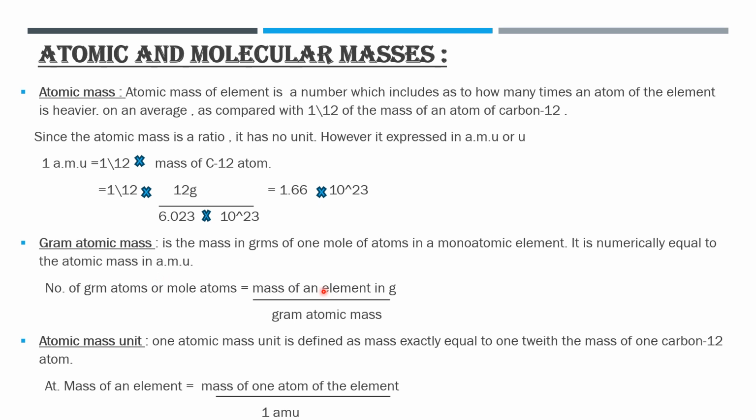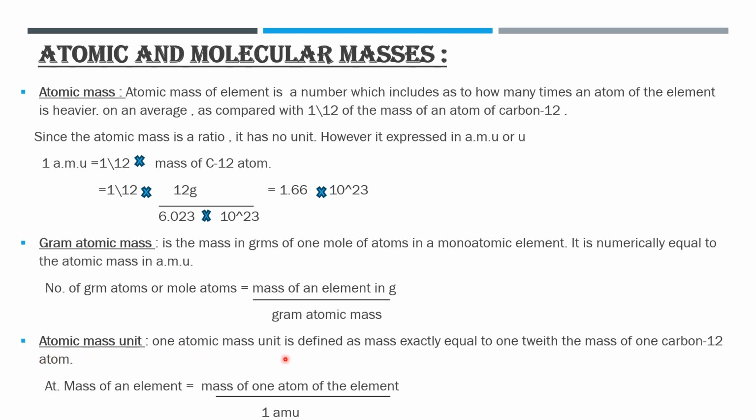So the number of gram atoms, or moles of atoms, is equal to the mass of that element in grams divided by the gram atomic mass. The gram atomic mass is the mass of 1 mole of atoms of the monoatomic element, which is equal to the atomic mass in atomic mass unit.